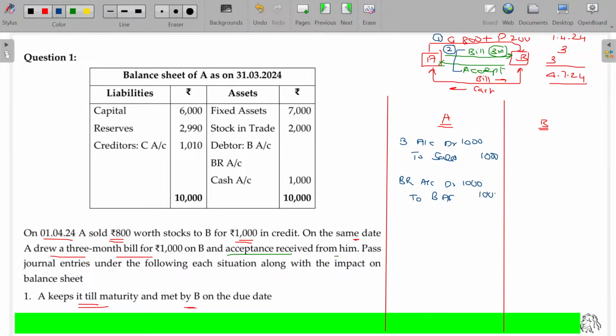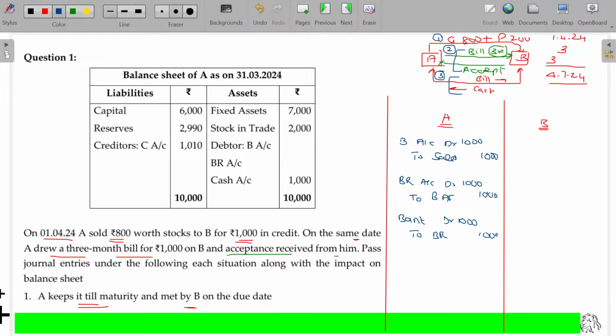B is now cancelled. Debtors now cancelled. Thereafter on maturity date, third one. What happens on maturity date? We get the cash by giving the BR. Bank account debit to BR. Is that clear? The value being 1000.